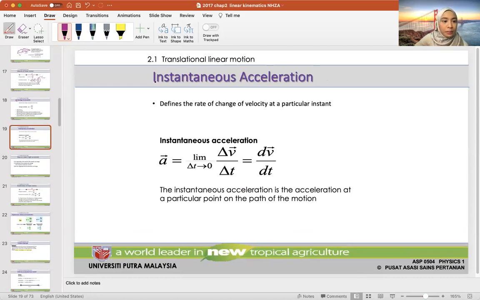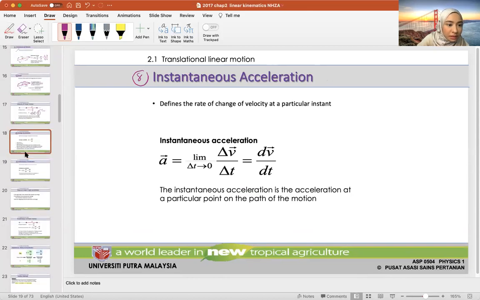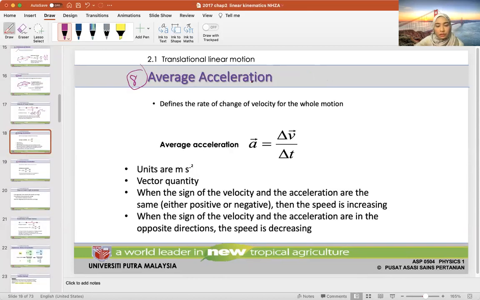Okay, next one, number 8. No, this is number 9. This is 8. Average acceleration. Earlier we talked about average velocity and instantaneous velocity. Now we have average acceleration and instantaneous acceleration, which is the same thing, but now it's acceleration.